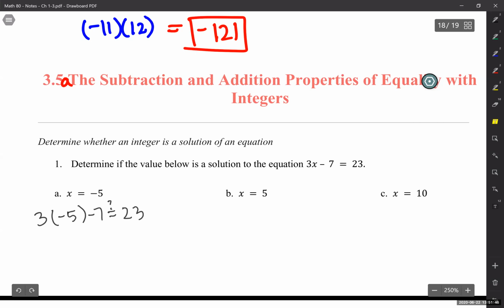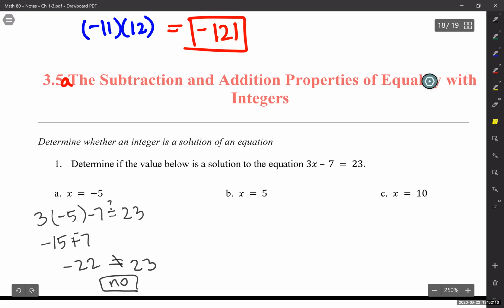Multiplication first, so negative 15 minus 7. Change it to addition by adding the opposite, and negative 15 and negative 7 gives me negative 22. That does not equal 23, so the answer is no.